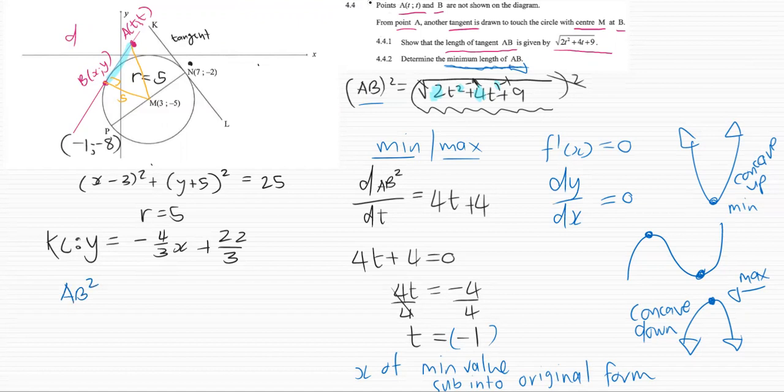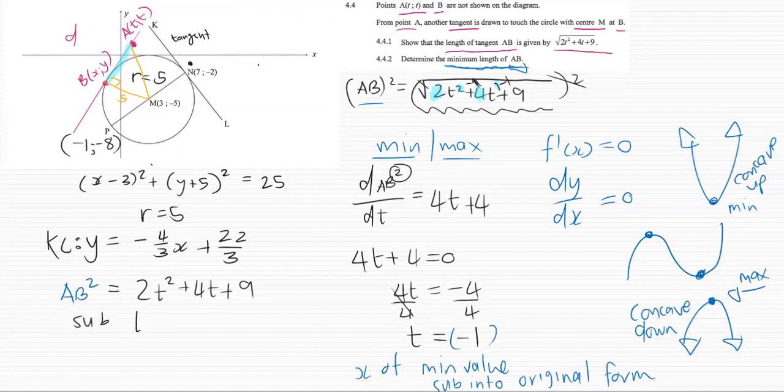AB squared is equal to, without the square root, 2t squared plus 4t plus 9.